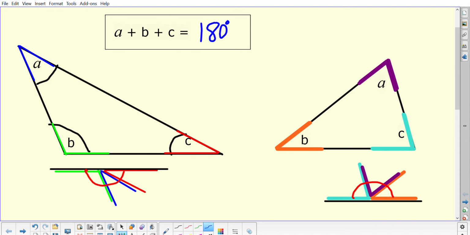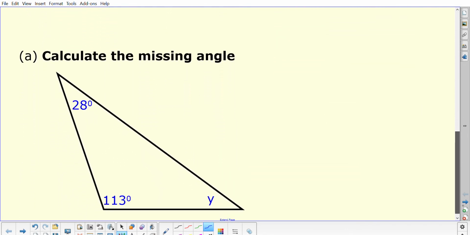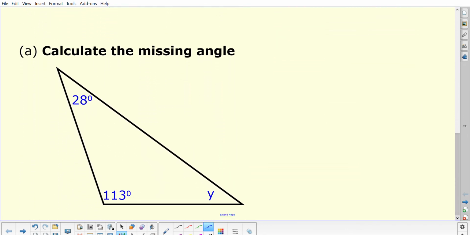Because we know that angle fact about a triangle, any triangle in fact, we can use that to work out, if we know two angles inside a triangle, what the third angle is. So here we would need to say that 28 plus your 113 plus the y, all three of them add together to make 180.